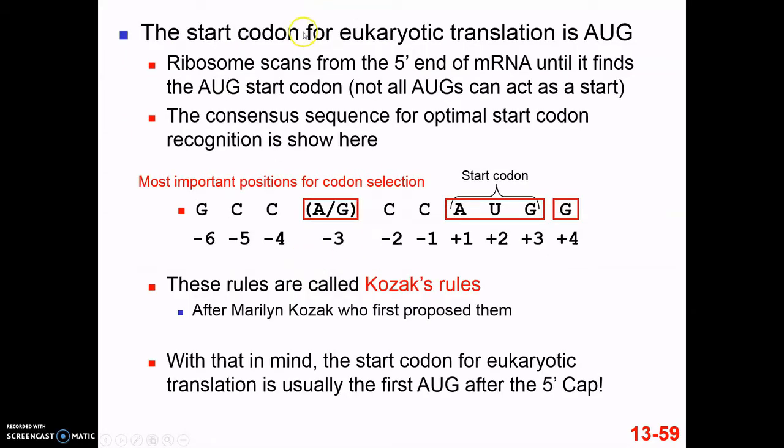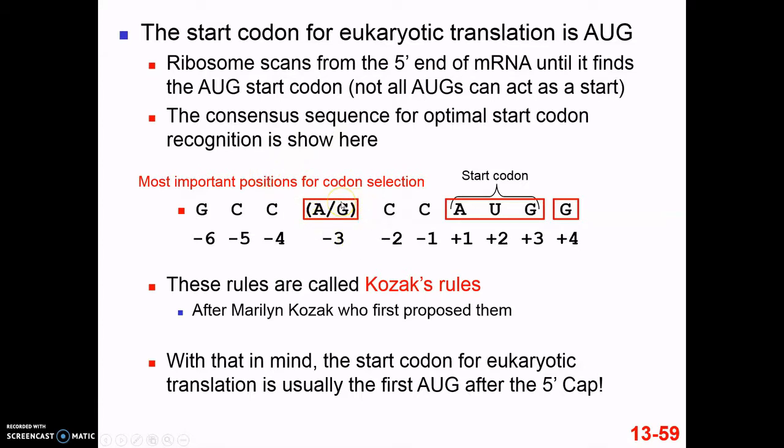The start codon for eukaryotic translation is AUG. And not all AUGs can act as a start site. There are additional sequences that make the start recognition work. And this is because there is not a Shine-Dalgarno sequence.